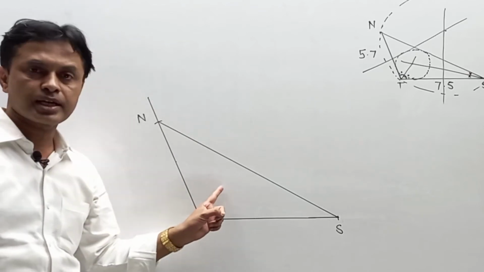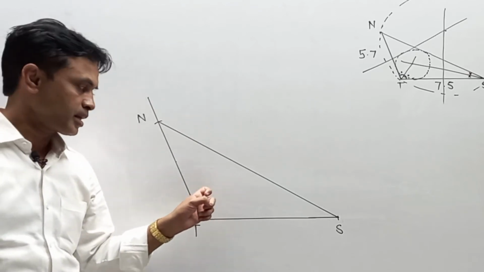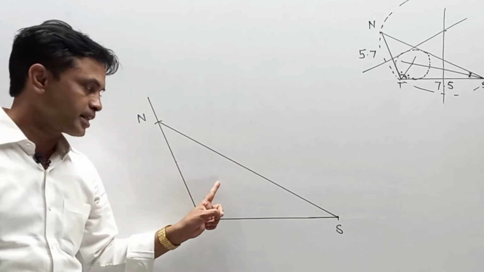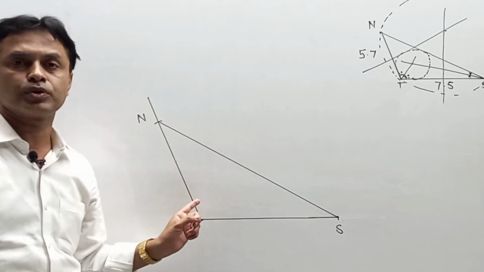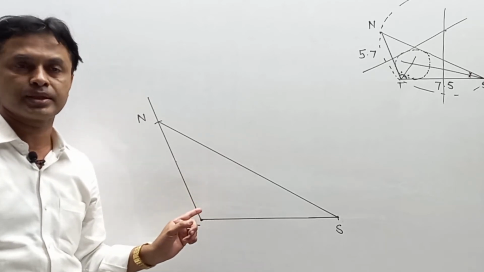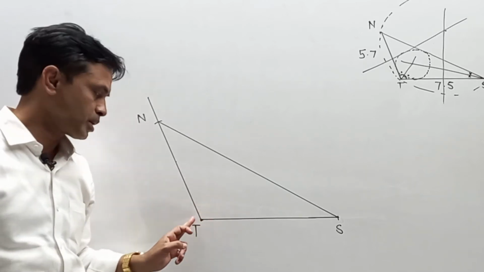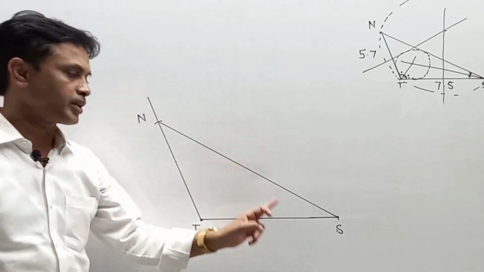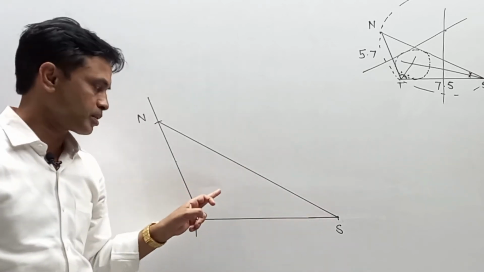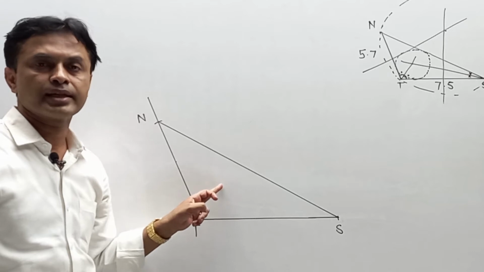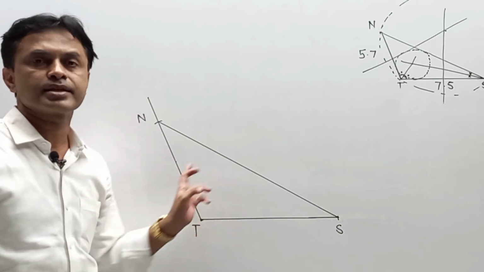First, for the incircle, the center is most important, and that center is found by the angle bisector method. We have to divide any two angles in two equal parts. Means here we are going to draw the angle bisector of T. Next the angle bisector of S, and we will get a common point of intersection, and that will act as the center and then the radius of the incircle.